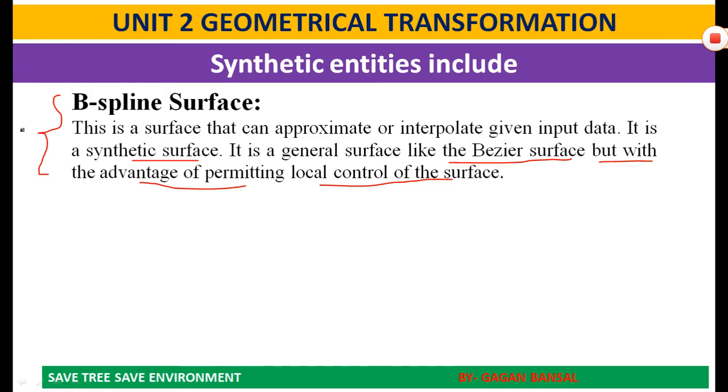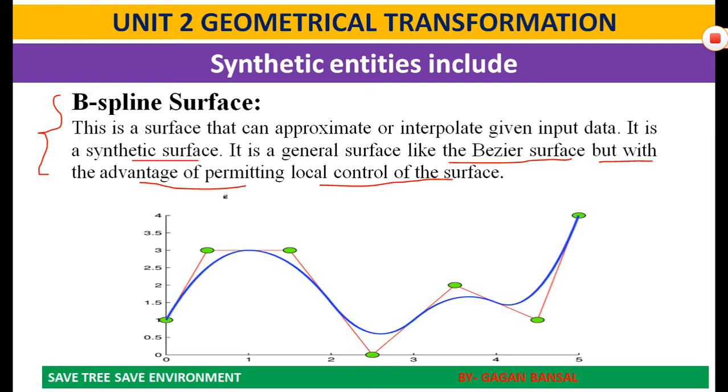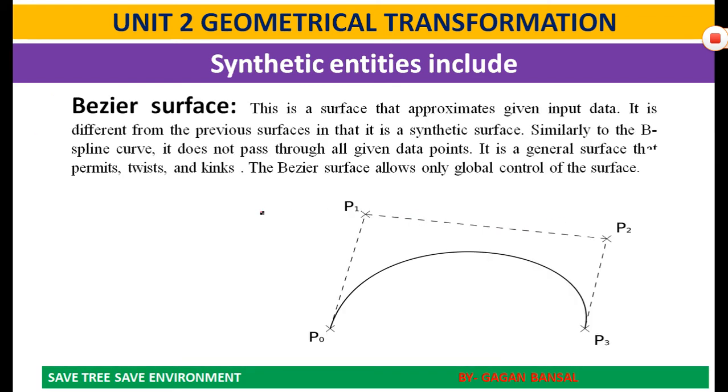B-spline surface, Bezier surface, and all the synthetic and polynomial surfaces we will be studying in detail in the upcoming lectures also. As you can see from this figure, we have certain control points shown by these green lines. So these can control the curve which is forming the surface modeling.